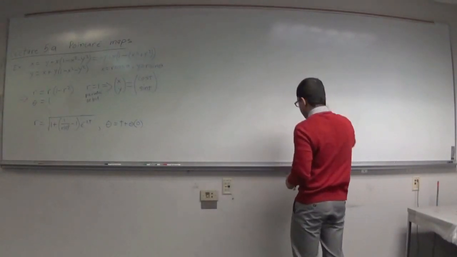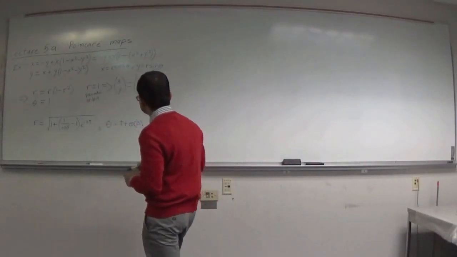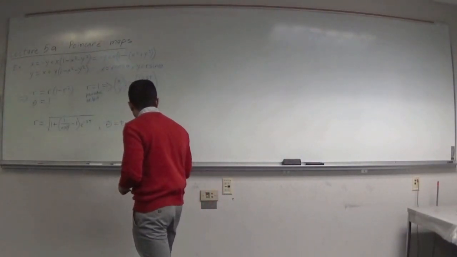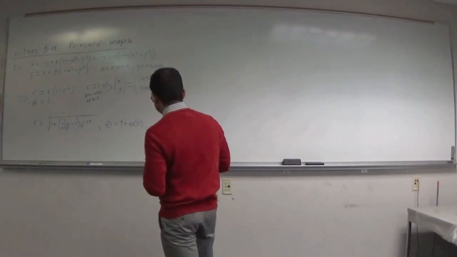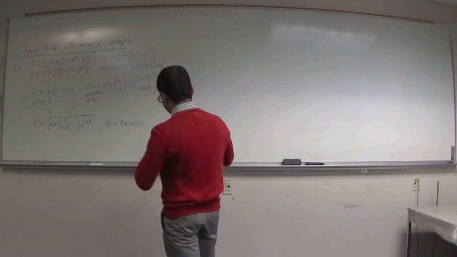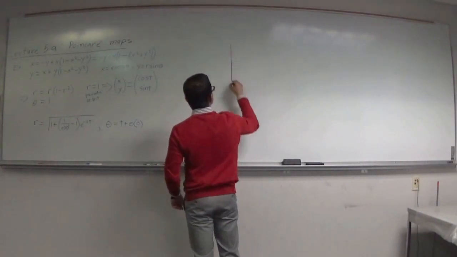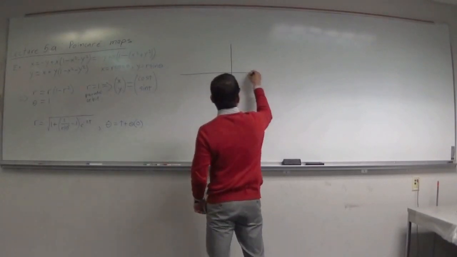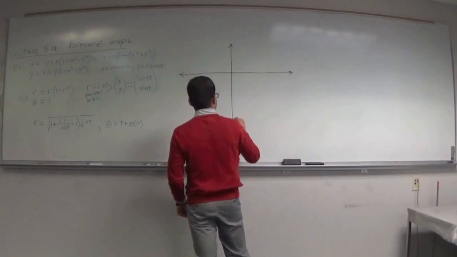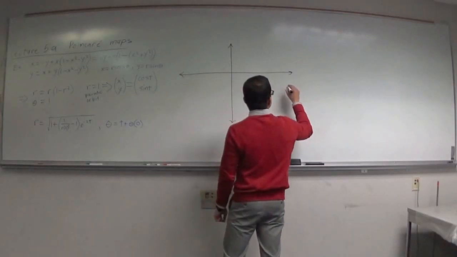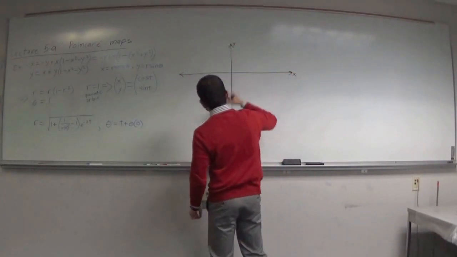Since this is in 2D, we can sketch it as such. Let me use blue for the orbits and black for this. Let me write it like this, and then this is x and y.